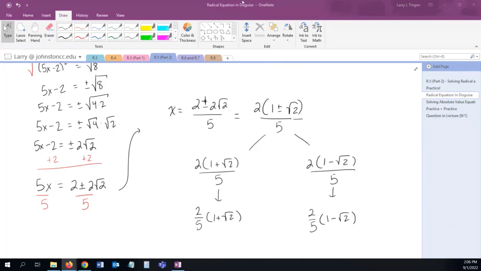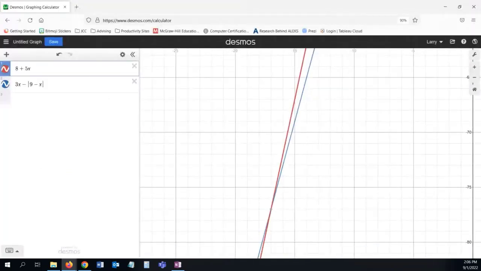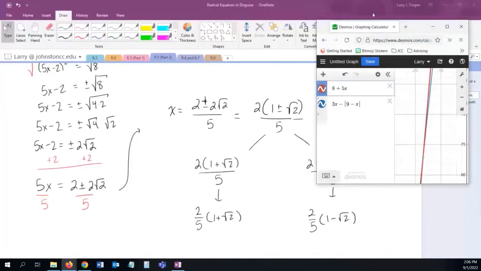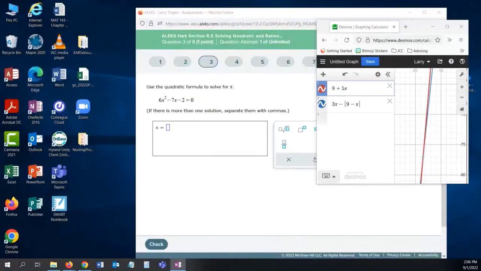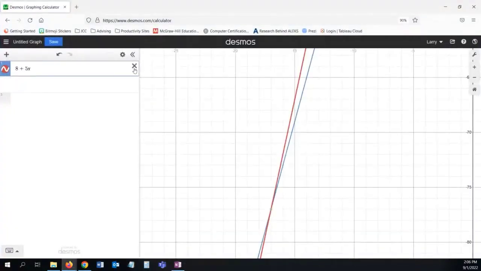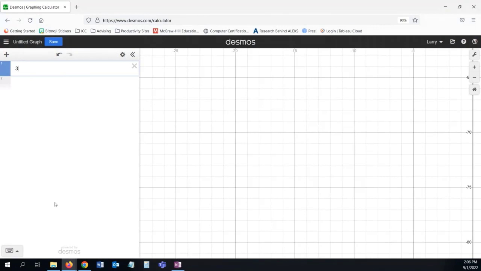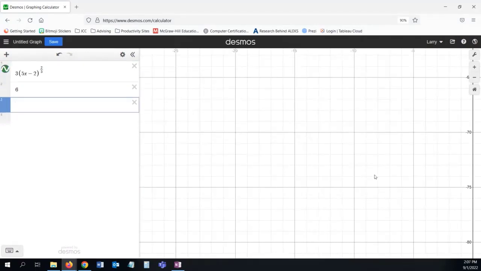And I'm on the wrong page. Here we go. So what was the original equation? The original equation is, I've got a left-hand side, 3 times (5x minus 2) raised to the 2/3. And the right-hand side of the equation is 6.